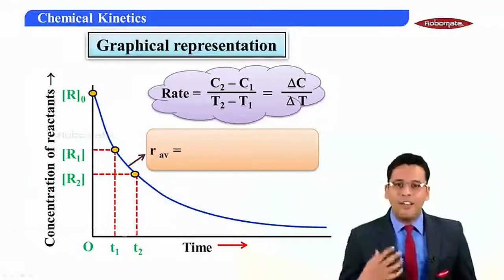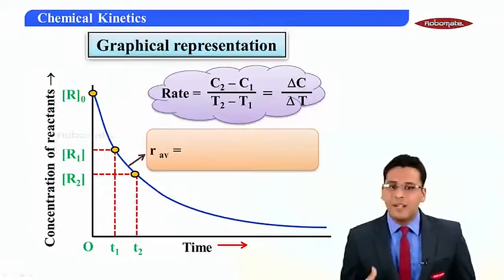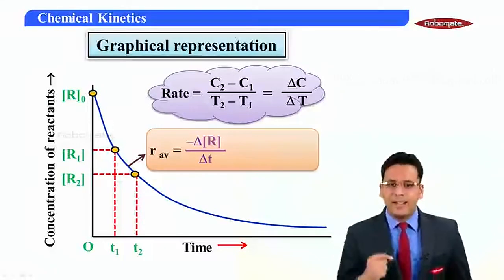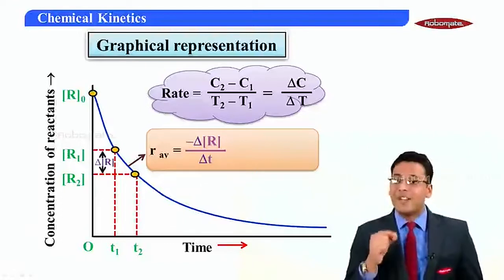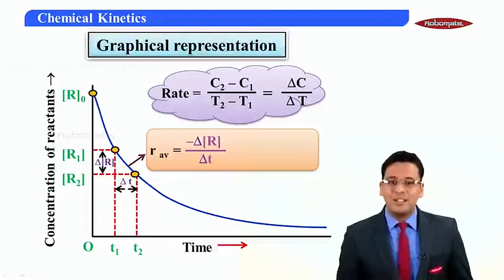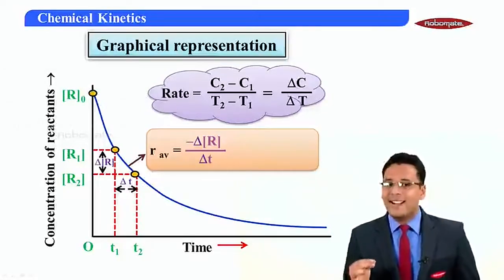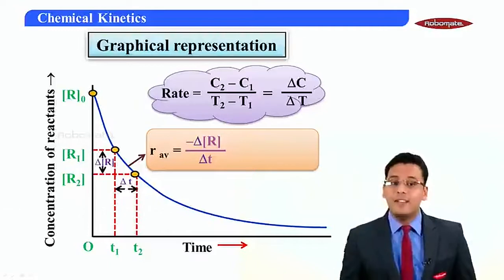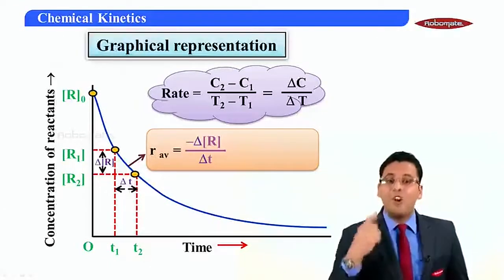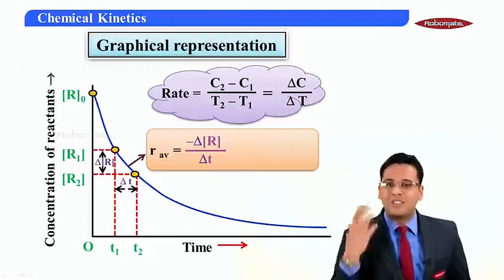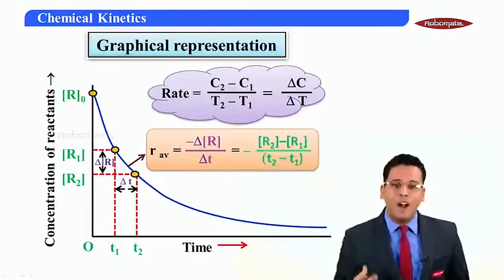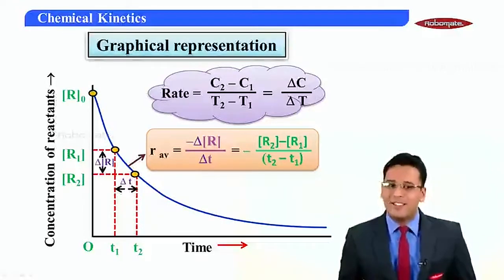The R average, which is the average rate, is nothing but minus delta R by delta T. Delta R is nothing but change in concentration of reactants and delta T is the change in time. So here, this negative sign indicates that the reactant concentration is decreasing with time. Also, if you remember, this negative sign keeps the overall rate of the reaction positive. If I expand this and write, it will be minus of R2 minus R1 upon T2 minus T1.